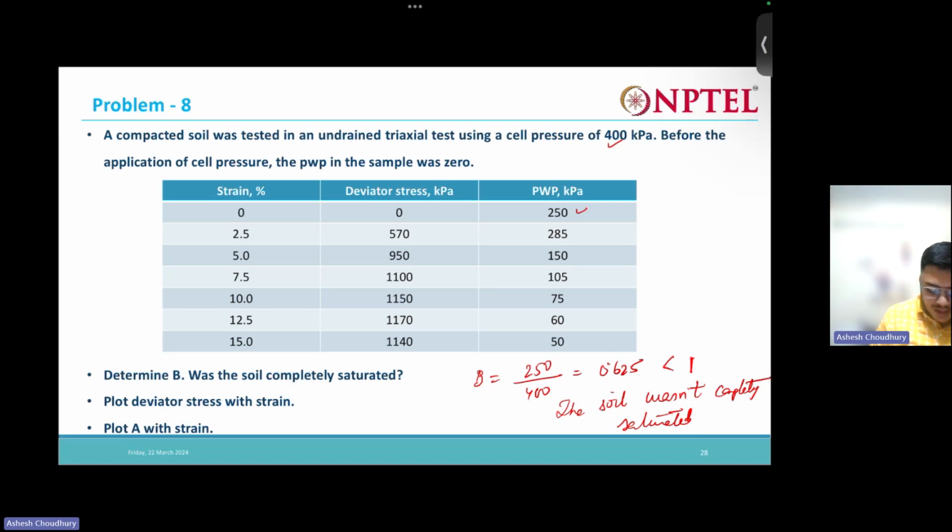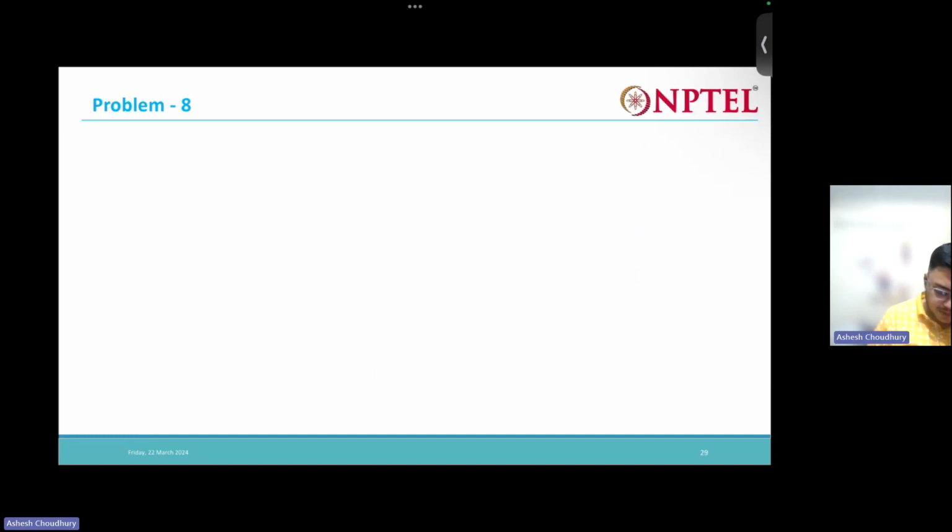Now let us come to plot A with strain. So we have to plot A. A is nothing but our pore pressure parameter, right? So for that we will make a table. So first is the strain, then we have the pore water pressure in the second stage, then we have the deviatoric stress, then we have A bar.